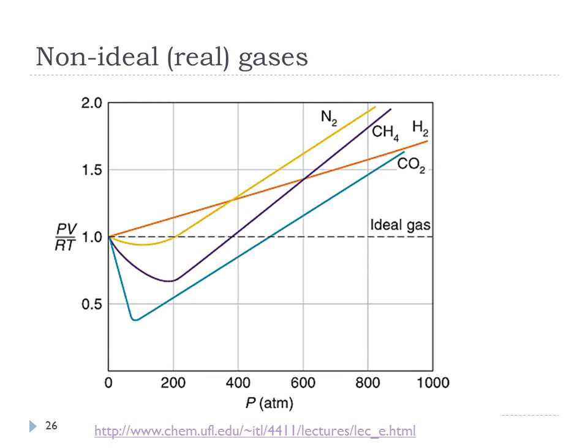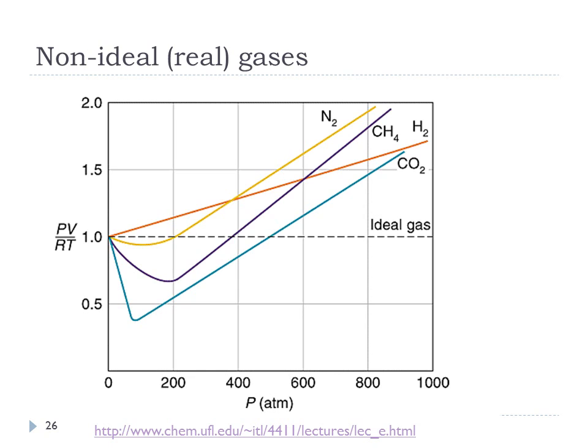And for the case of hydrogen, the hydrogen molecule itself has some size, so as you go to higher and higher pressure, one of the assumptions from the ideal gas law gets violated, and that's the assumption that the molecule has no space. Okay, so hydrogen was the easiest one here.